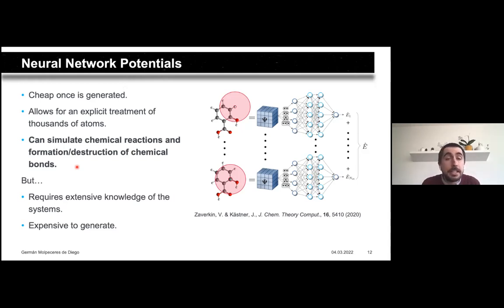So starting a project using this kind of techniques requires a previous study on what are the interactions that are taking place on an ice. And on top of that, even though it's very cheap to use once it's generated, generating the neural network is an expensive endeavor that requires to be assumed before starting any new project.